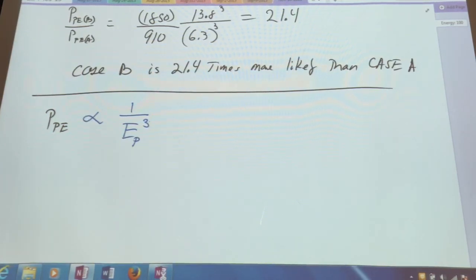So what is that telling you? It's an inverse relationship, yes. As you increase the photon energy, and you complete the sentence, it's less likely to be absorbed.